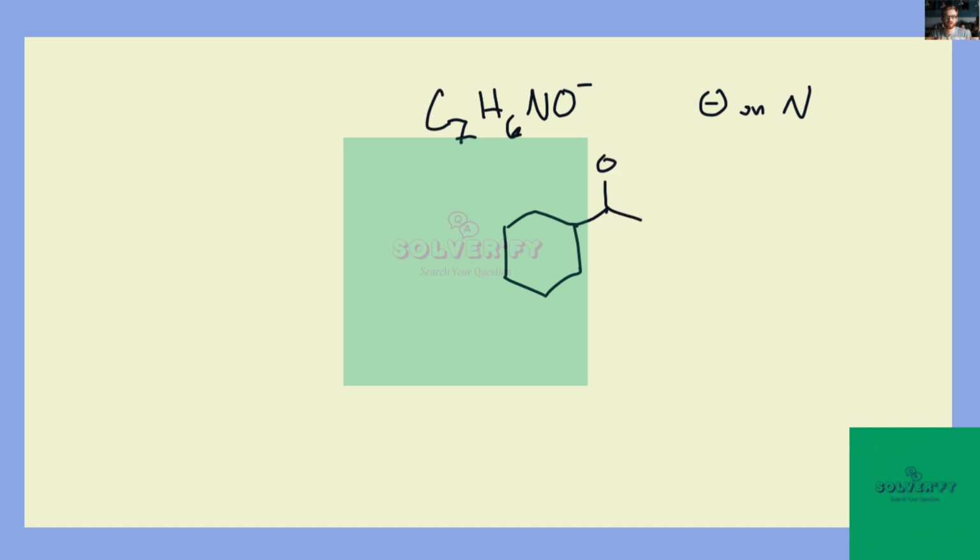But we're not given where any of the hydrogens are, what any double bonds may be, etc. Other than that, we have a negative charge on nitrogen there. Okay, and what we need to do is add all the hydrogens. We need to add lone pairs or valence electrons, and we need to add pi bonds.